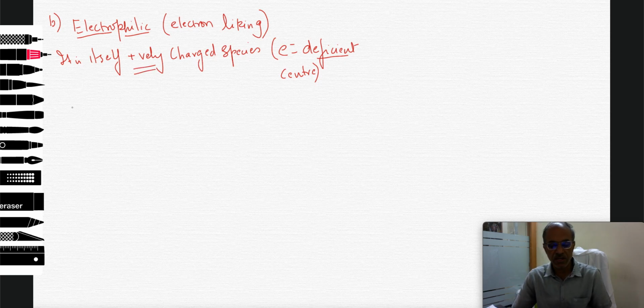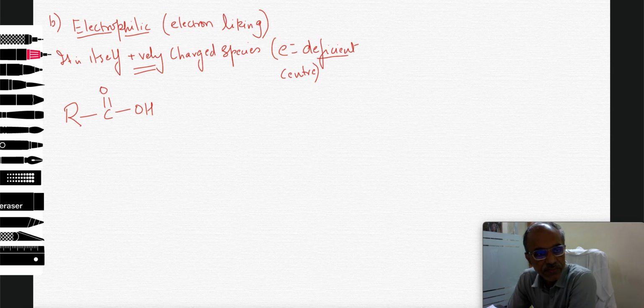That means it is a positively charged species. For example, take R C double bond O OH. Now oxygen, as we know, is electronegative, so it will pull electrons towards itself. Then this carbon automatically becomes positively charged, because its electrons have moved towards oxygen.